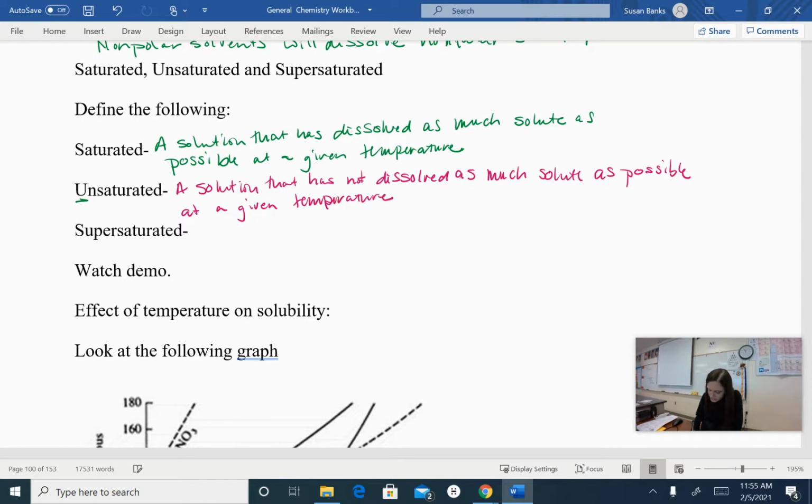So I would still be able to dissolve more in an unsaturated solution. I could still put more solute in there and expect it to dissolve.